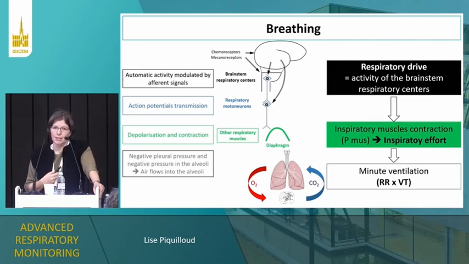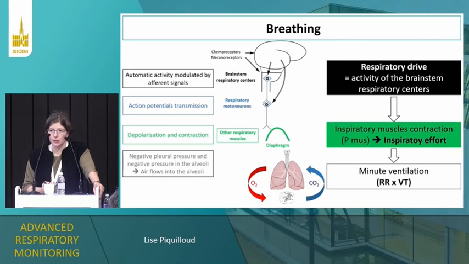Breathing is initiated in the brainstem respiratory centers as action potentials. They are modulated by a lot of signals coming from the periphery and detected by chemo and mechanoreceptors. Those action potentials travel through the respiratory motor neurons to the respiratory muscles and lead to muscle contraction.